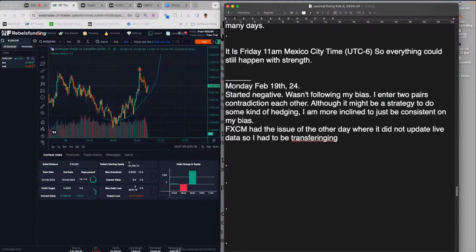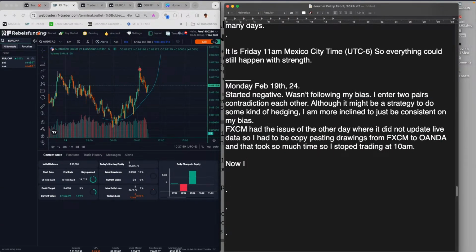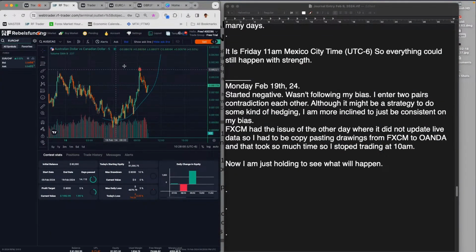Had to be copy pasting drawings from FXCM to Oanda, and that took so much time, so I stopped trading at 10 a.m. Now I am just holding to see what will happen. Yeah, I think that's good for a journal entry.